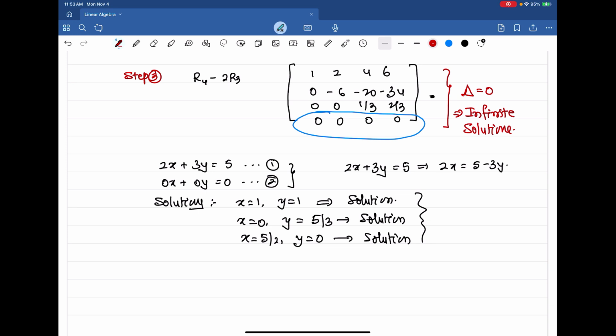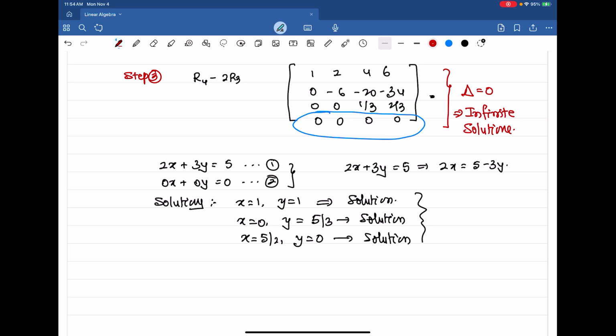If you come across this type of matrix, you can say that an infinite number of solutions are possible for this type of matrix where one of the rows is 0 or one of the columns is 0 and determinant is equal to 0.